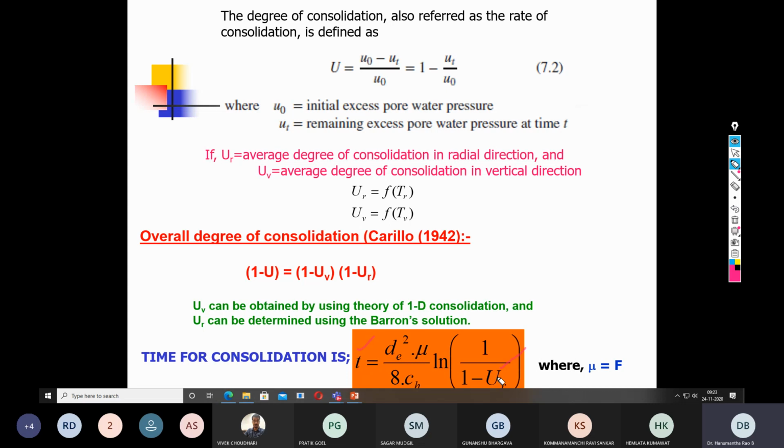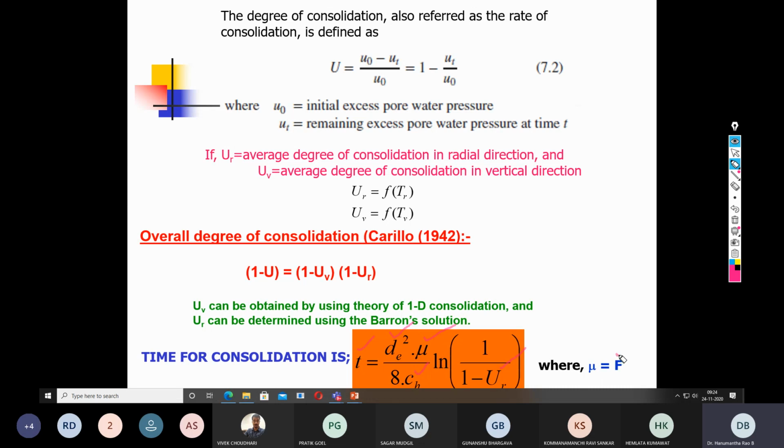You can fix the target value of the radial consolidation and calculate approximately how much time is required to achieve this degree of consolidation. Of course, this time is a function of the zone of influence, and this is a factor; I will explain about this factor in the subsequent slides. And CH is the coefficient of consolidation in the horizontal direction.